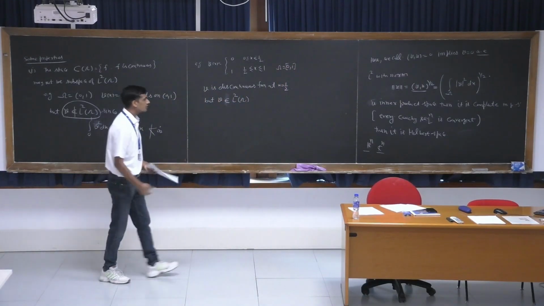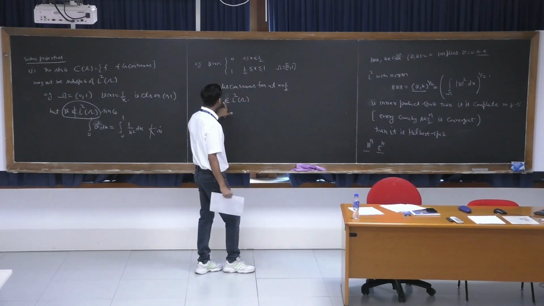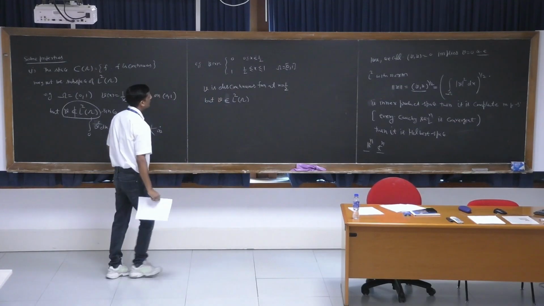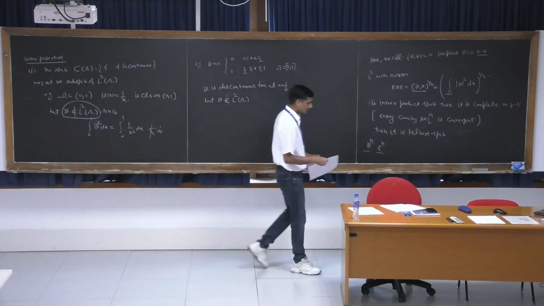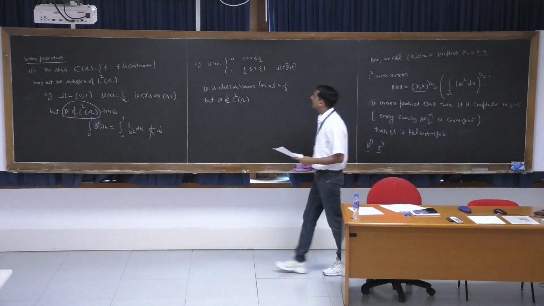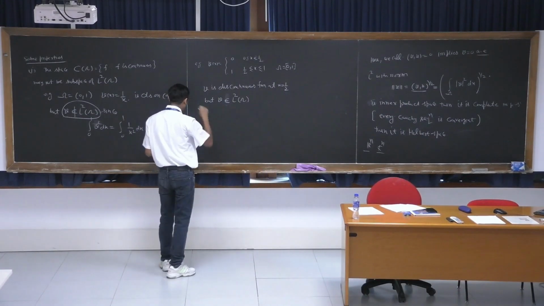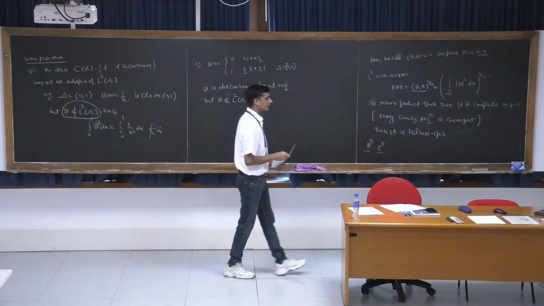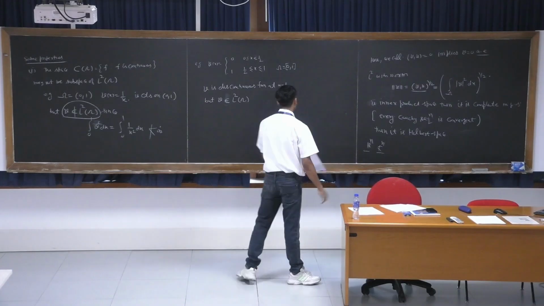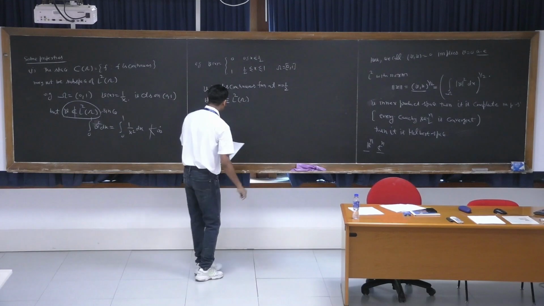It is discontinuous at the point 1 by 2, but you can see that V belongs to L2, because when you find the integral of its square, it is finite. So it is in L2 but not continuous. This is the reverse case, meaning that a function being in L2 does not mean it is in the continuous space C omega. So this is not necessary.